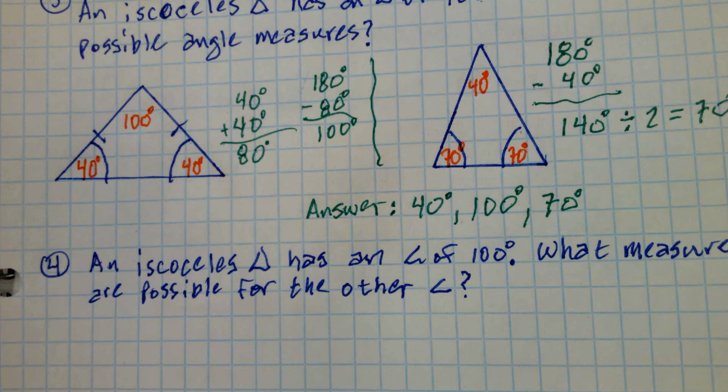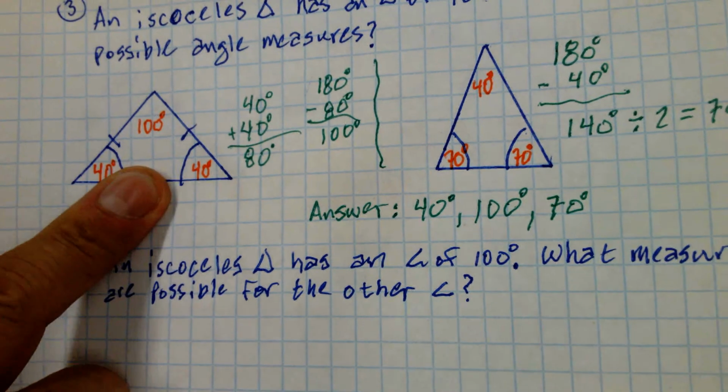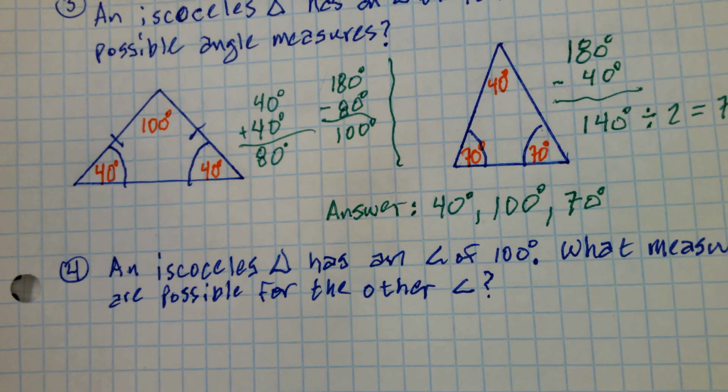If you think of it, we've already drawn it. Yeah, look at this, guys. This is the situation. This right here is the only way to draw an isosceles triangle with 100 degrees.